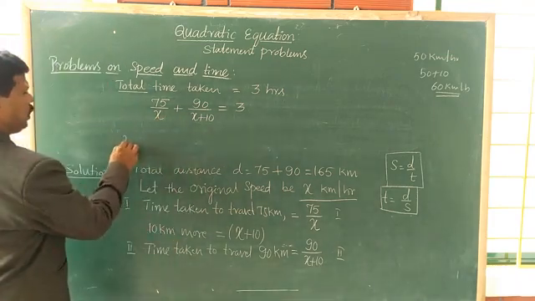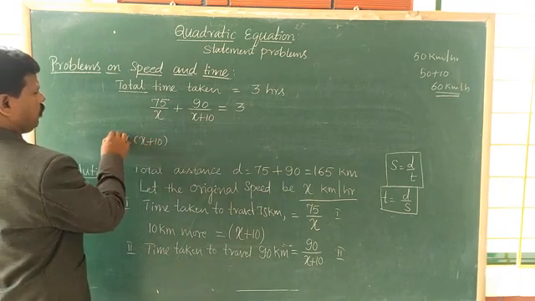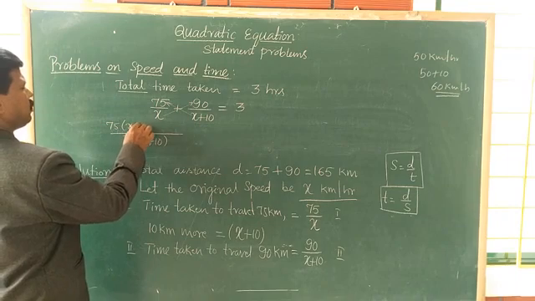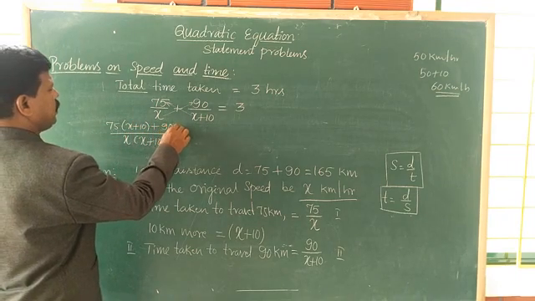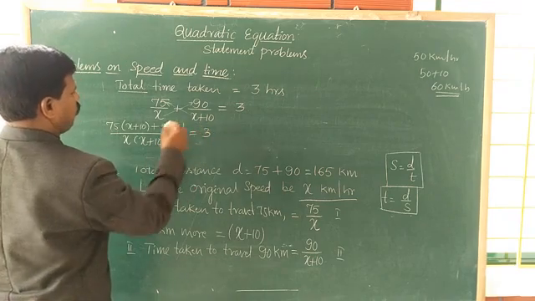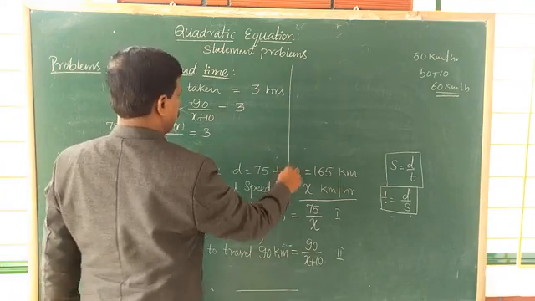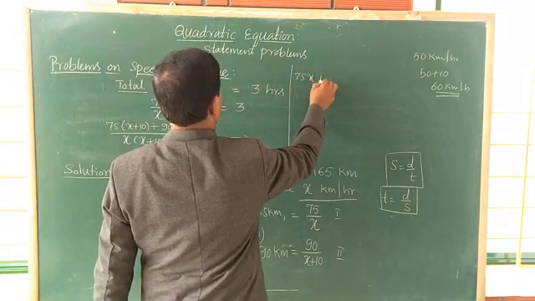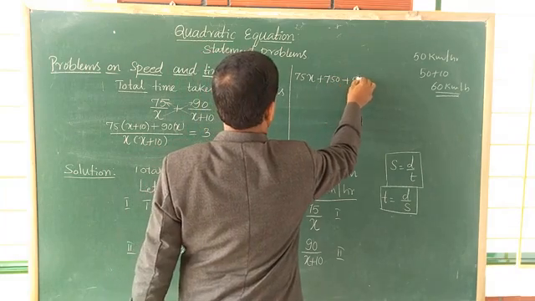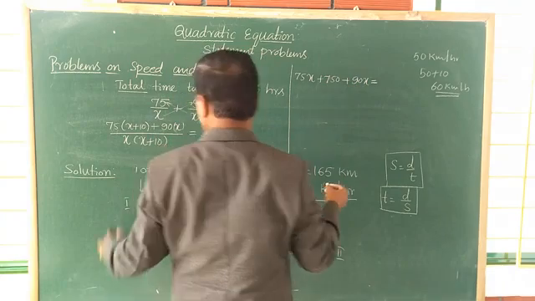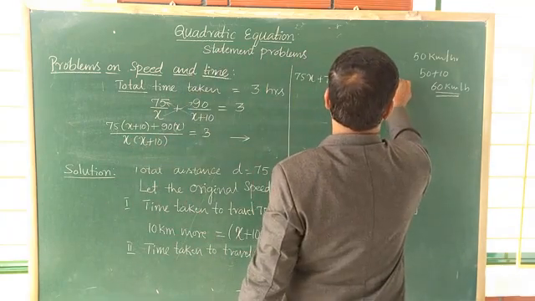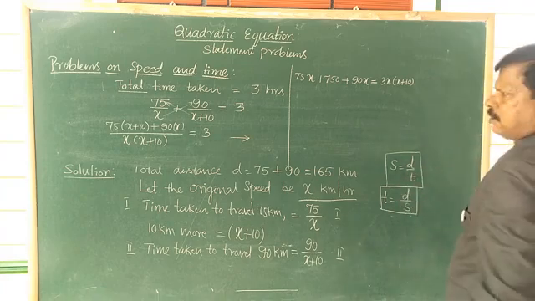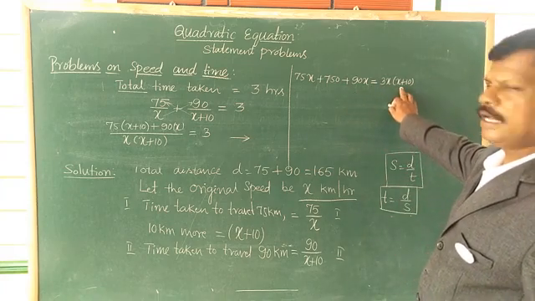Now the LCM is x into x plus 10, then cross multiplication: 75 into x plus 10 plus 90 into x is equal to 3x into x plus 10. Now 75x plus 750 plus 90x is equal to 3x into x plus 10.